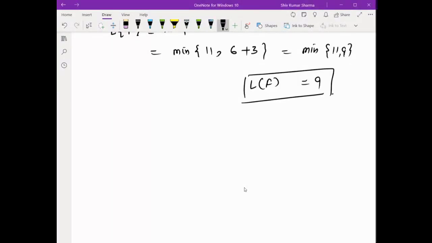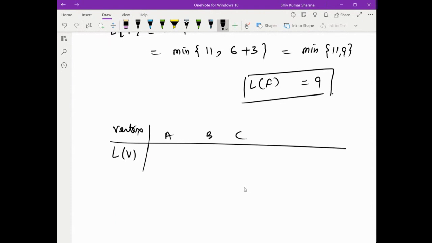Okay, so we construct the table again. That means vertex and level of vertex: A, B, C, D, E, and F, having 0, 3, 4, 5, 6, and 9.